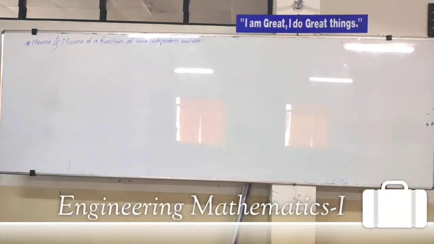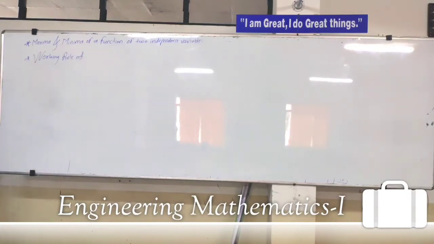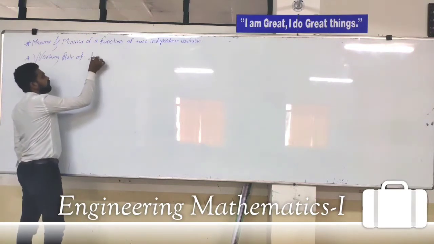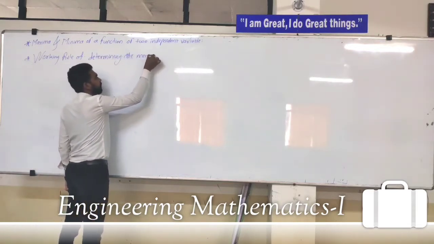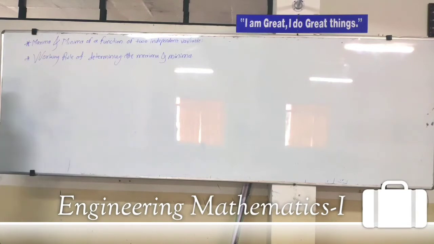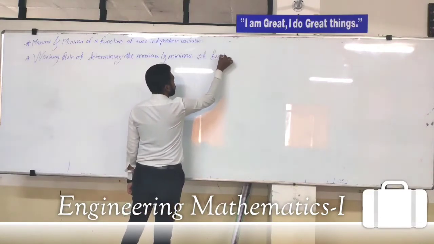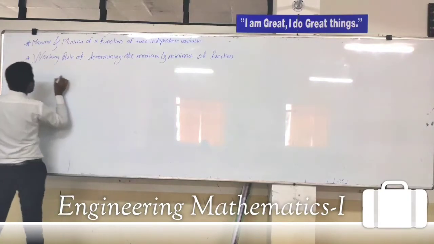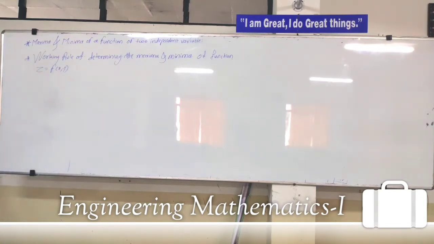Working rule of determining the maxima and minima of the function z is equal to f of xy.